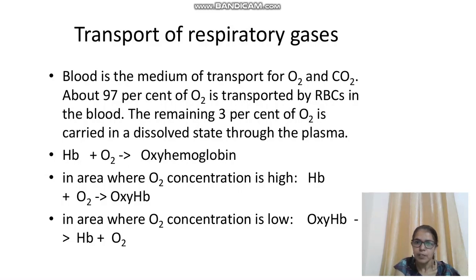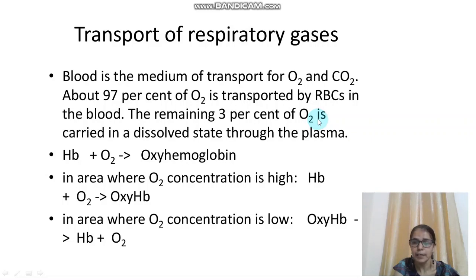Now firstly, oxygen is transported by RBCs in the blood, and approximately 97% of oxygen is transported by RBCs, and the remaining 3% of oxygen is carried in the dissolved form through the plasma.